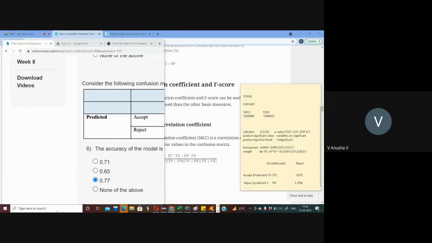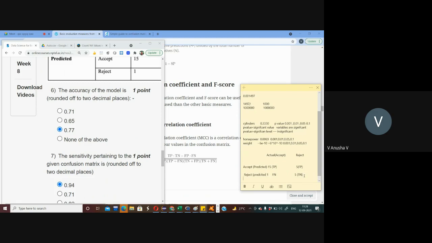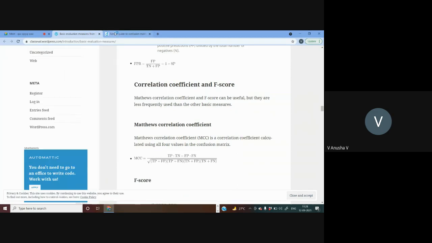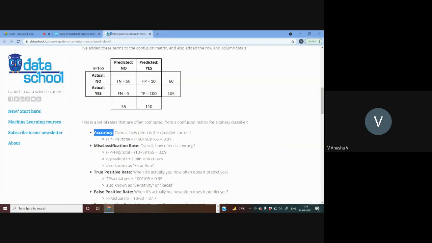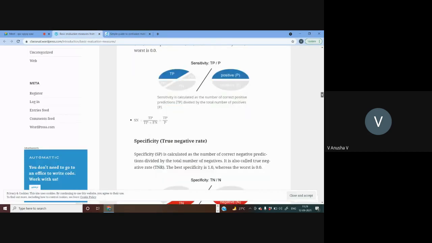So let's open the calculator. You already know the formula for accuracy. Accuracy is nothing but TP plus TN, right? Accuracy is nothing but the number of all correct predictions by the total number of the data set.